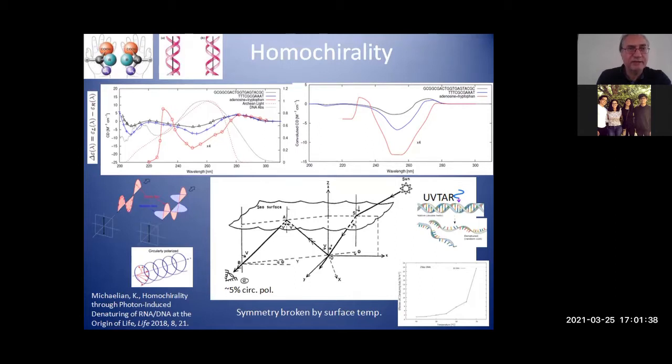But before getting to that, I should say, how do you specify what is right and left-handed? By the amount of light which is circularly polarized right or left-handed that the molecule absorbs. So if it absorbs more right-handed circularly polarized light, then we call it a right-handed molecule.